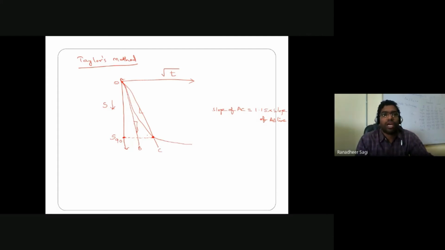So AC line is going to intersect your settlement versus under root time curve at some particular point.